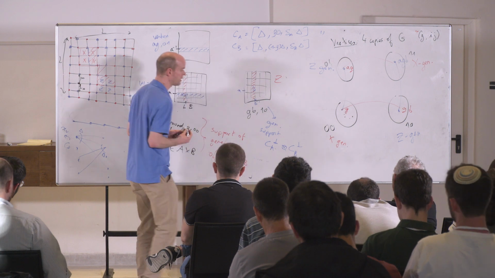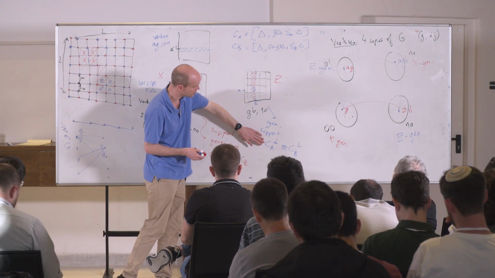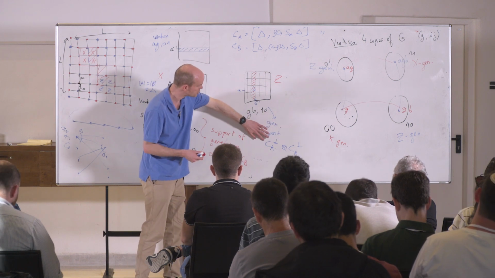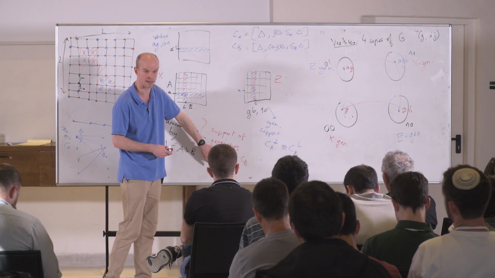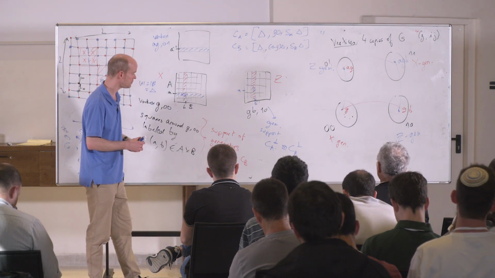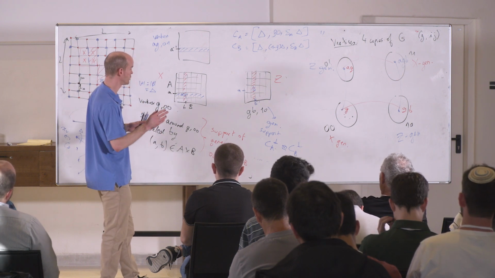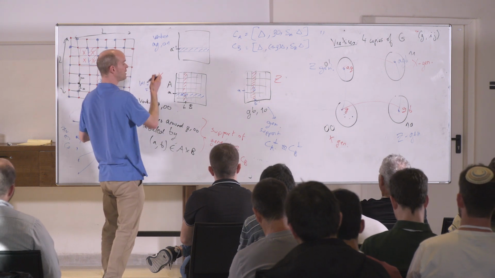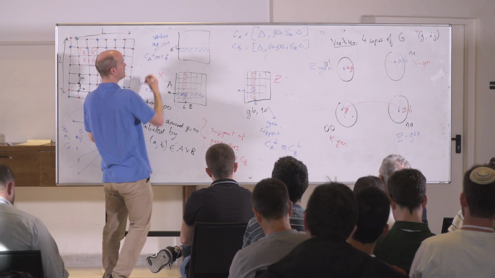So here I will take generators such that their support corresponds with code words of CA perp times CB perp. CA perp is just the set of all the words which are orthogonal to everyone in CA. That's what I'm doing here, and the blue here is also the same. So I take CA perp times CB perp.